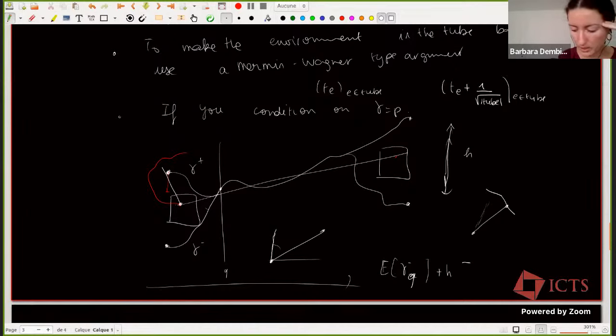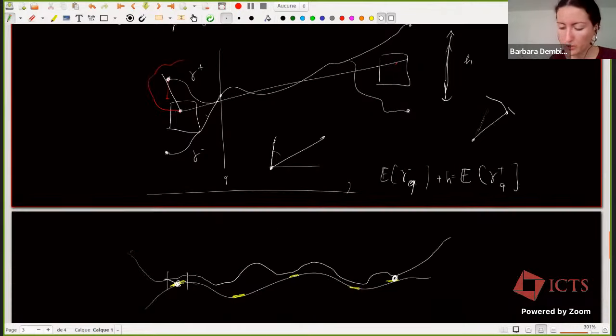And so if gamma plus is a translate of gamma minus, then this plus h is equal to the expectation of gamma plus q. Just because, again, using translation invariance. You just look at the same geodesic.